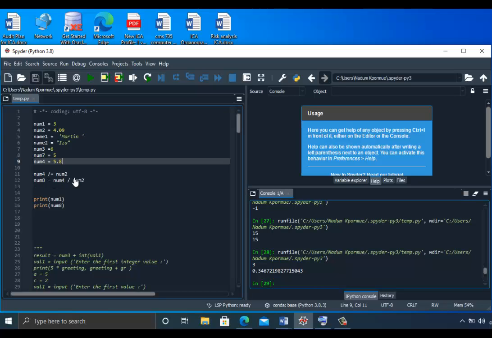So what we have here is num4, it's 5.8, and num2 is 4.8. I didn't mix up anything.